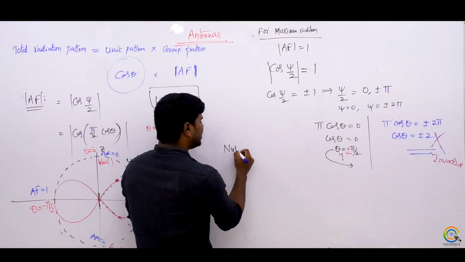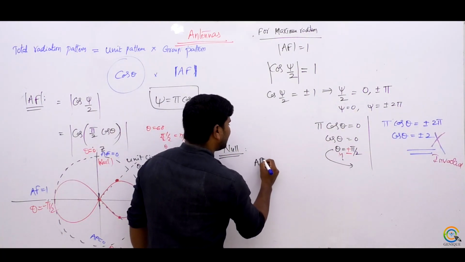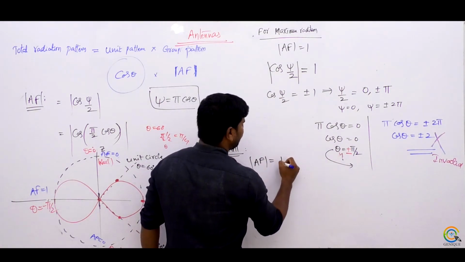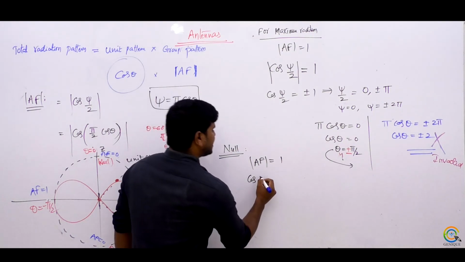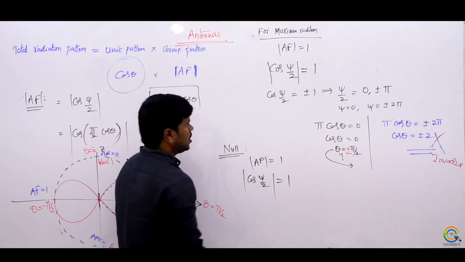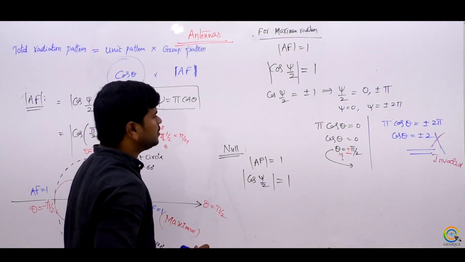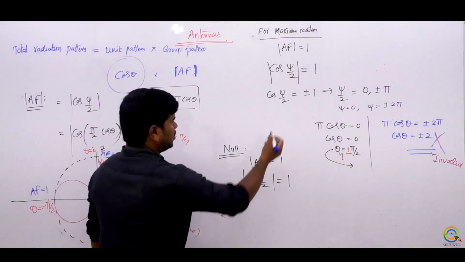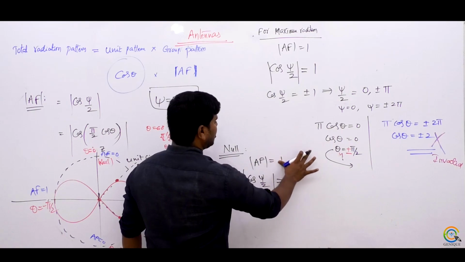So to find the null points, the array factor must be equal to 0. So cos psi by 2 is equal to 0 here. Sorry, it is not 1, it is 0.